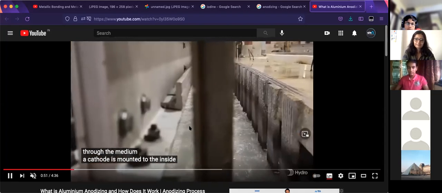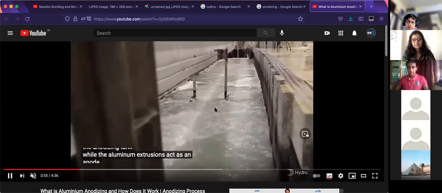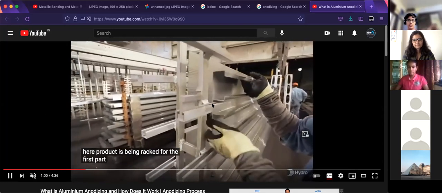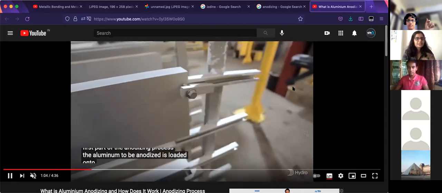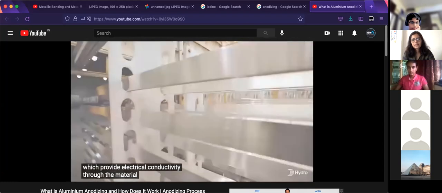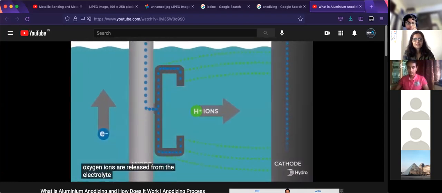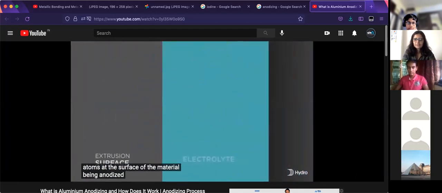So before making them into utensils, they anodize the bars of aluminium, right? Exactly that. I'll have to go into each industry to check it out. I don't know if things are created first and then anodizing happens, or if it's the other way around. But yeah, this is how it's usually done. So here they're explaining the whole process, what happens.